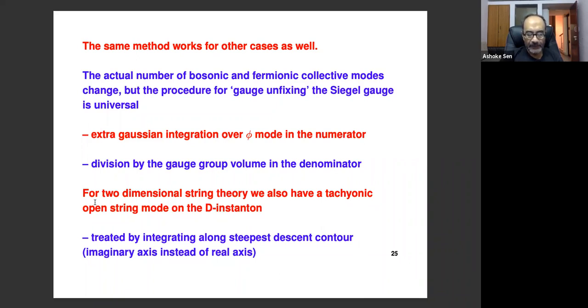The only extra complication for two-dimensional string theory is that we also have a tachyonic open string mode on the D-instanton. The way we deal with this is by treating the integration contour along the steepest descent contour. And this reproduces the correct answer, meaning whatever was predicted from the matrix model.